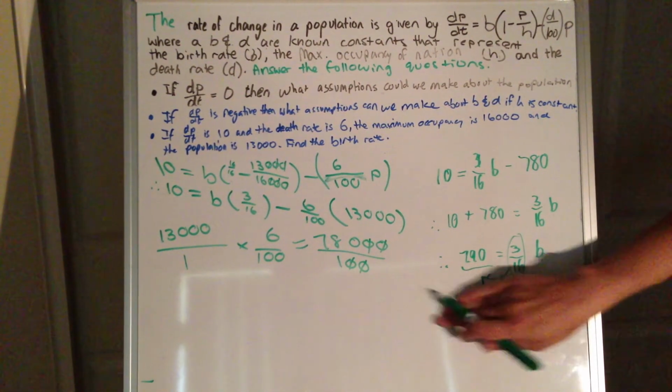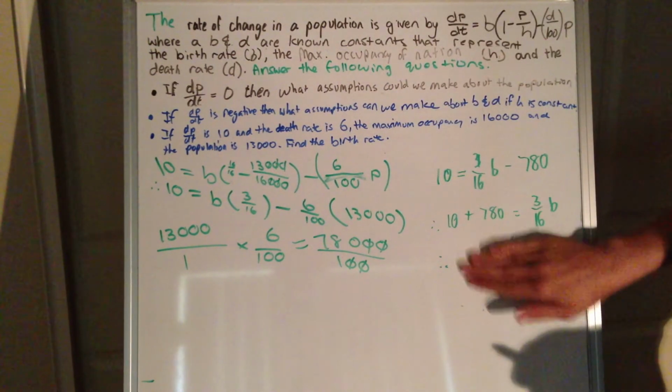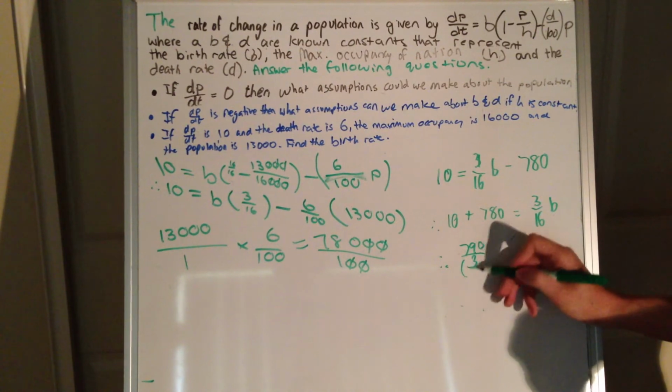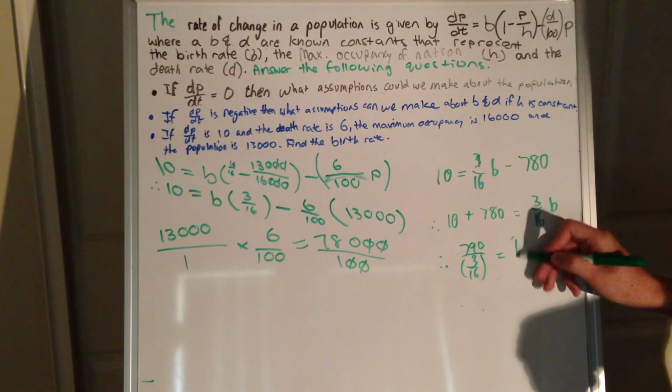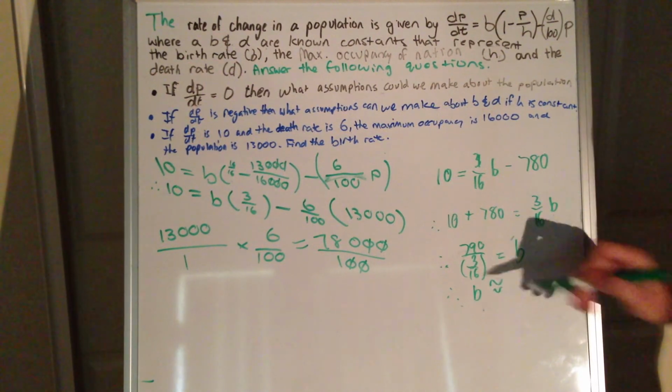In fact, I'll actually rewrite it here. So we get 790 over 3 divided by 16 equals b, and then we're able to use our calculator to get an approximate value for b.